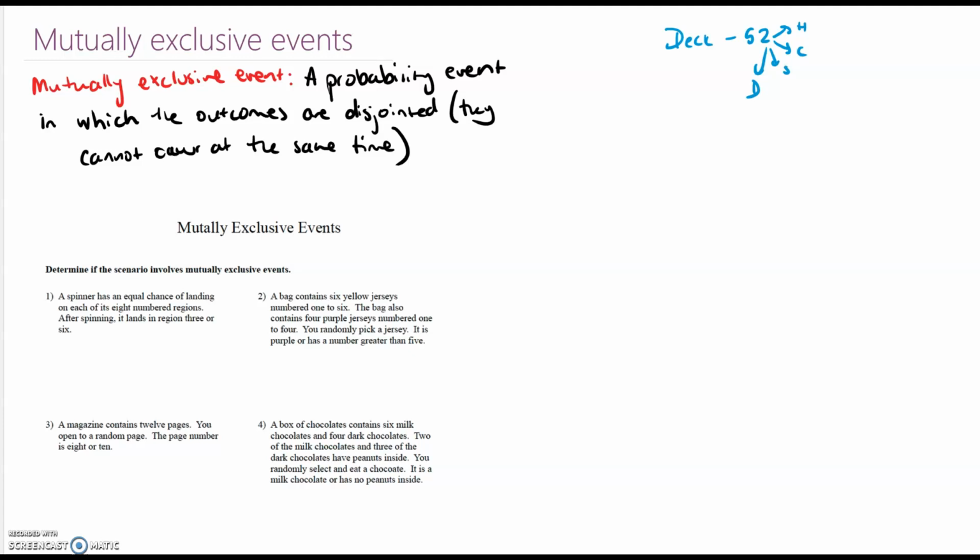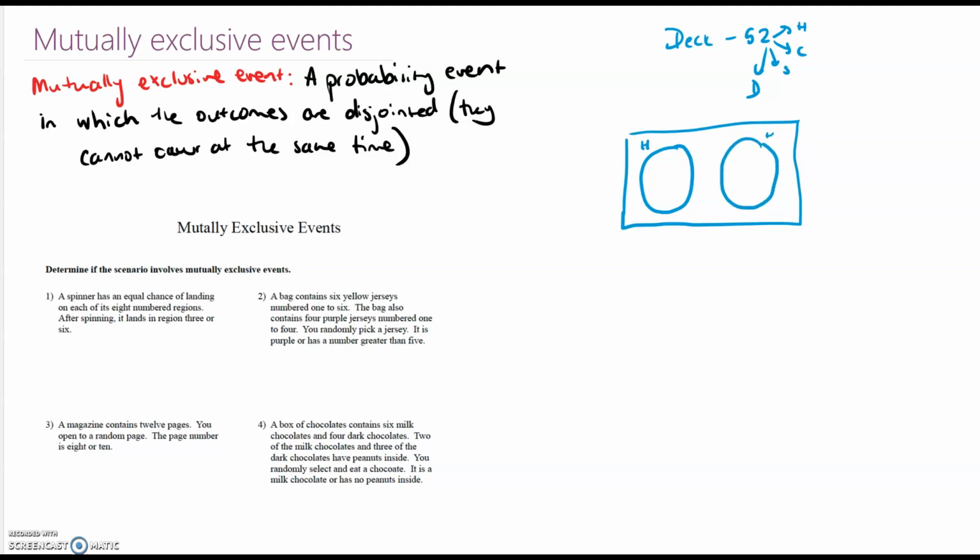From our deck of 52, there's 13 hearts in a deck. If our event is picking out a heart, we can pick out a heart, or we could pick out a not heart. Our probability for picking out a heart would be 13 out of 52, and our probability of picking out a not heart then would be 39 out of 52.